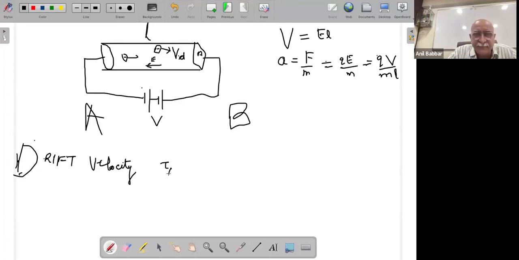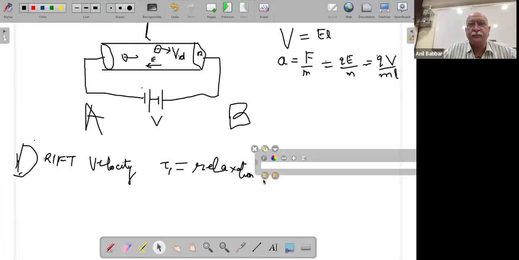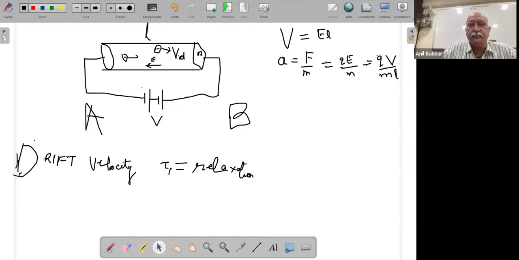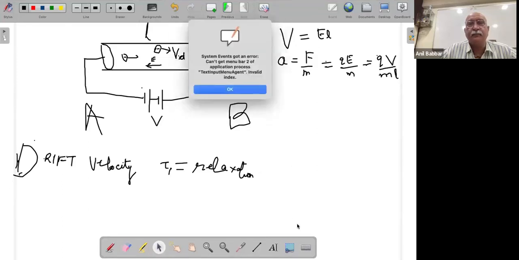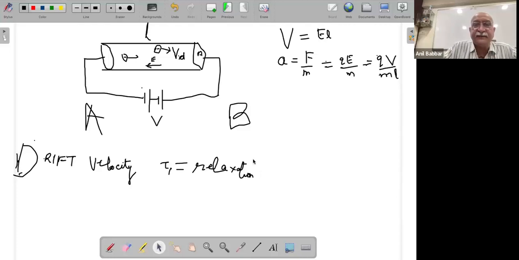Because this is the relaxation time in which the electron is accelerating, that means it is not facing any collision, between two successive collisions. So tau 1 is the relaxation time.